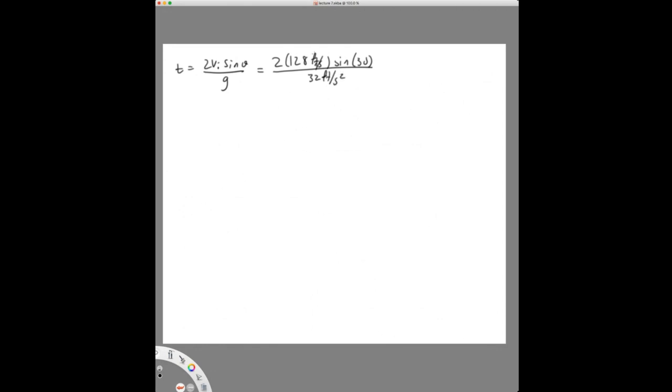We can see the feet are going to cancel out, so we should get a time in seconds. And it looks like that is going to be 4 seconds. Okay. Any questions about that?